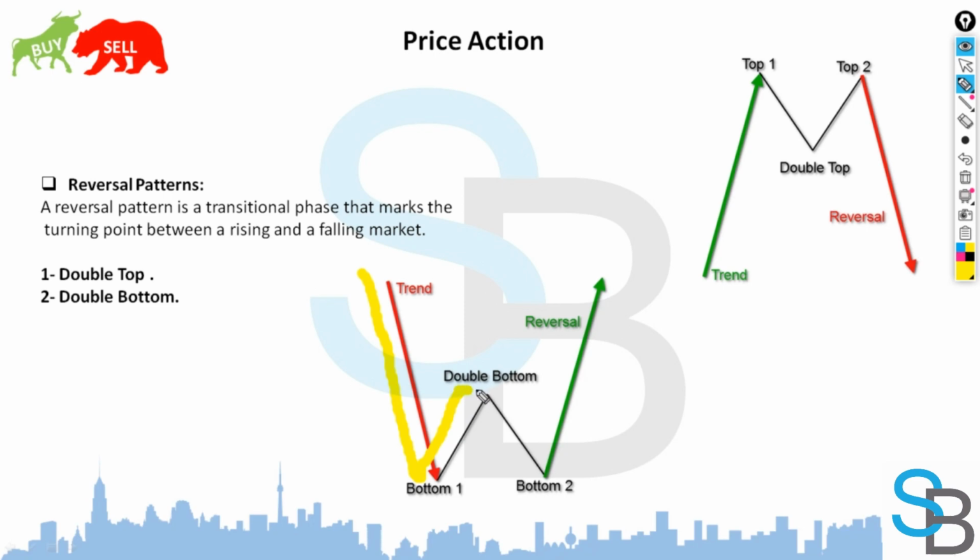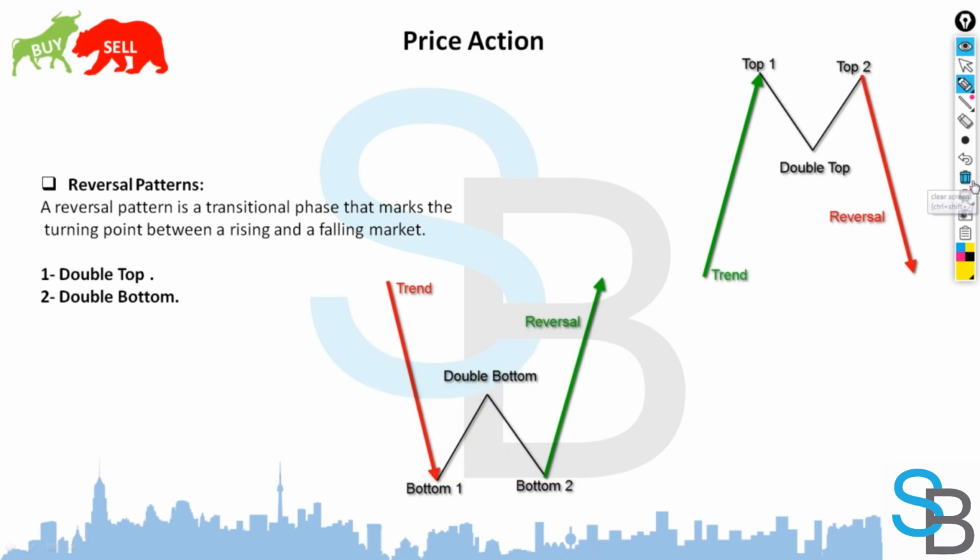This is the top, and the market will draw another bottom. It will try to break down this previous bottom, and it cannot, and reverses up. We can confirm that this is a true double bottom after it breaks up the previous top and tests the previous top. So we qualify this as a confirmed double bottom.